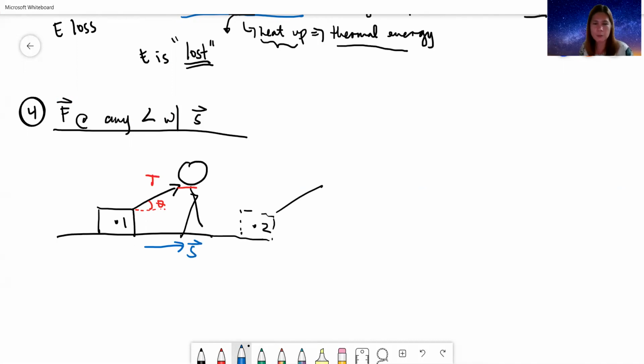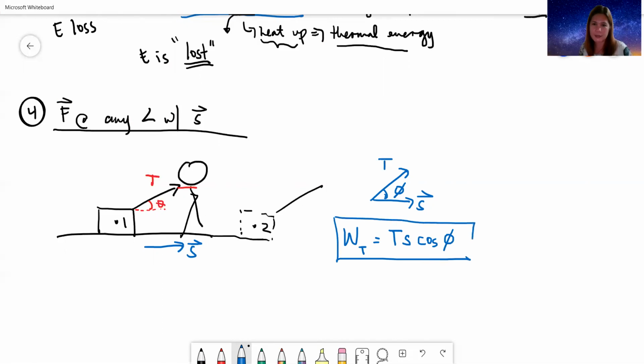So when you connect tension tail to tail with displacement, this is the same as this angle, whatever it is. This will now become angle phi. The work done by the tension is therefore the force, tension, times the distance, times the cosine of whatever angle there is.